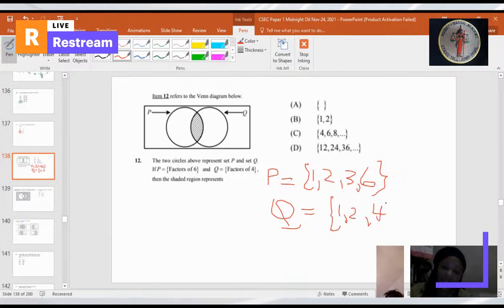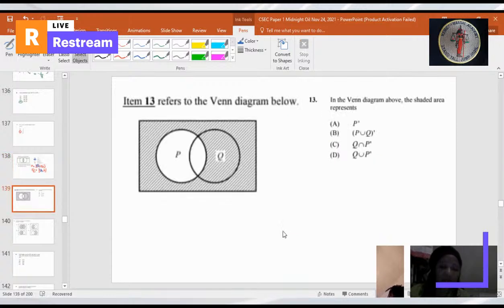So the factors that are common to both of them would be 1 and 2. Yes, 1 and 2 are common factors, so that is B. 1 and 2 are common factors of 4 and 6.